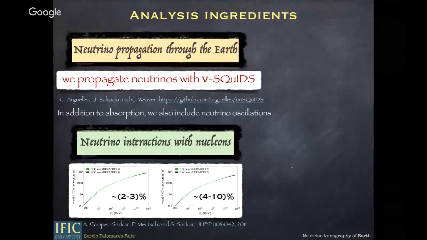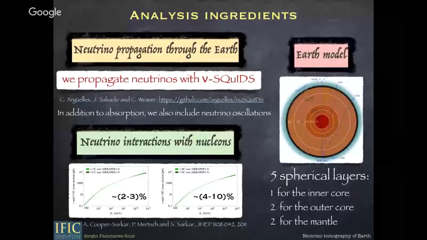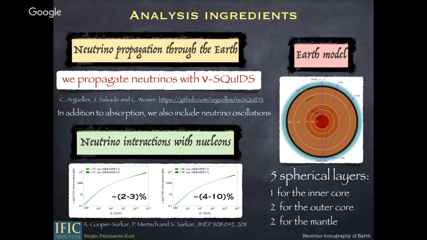And finally, we need an Earth model, which is what we want to fit and extract from the data. We tried and checked different modeling of the Earth interior, using different numbers of spherical cells. We consider a spherically symmetric model. As I said, we checked with more layers and with fewer layers.